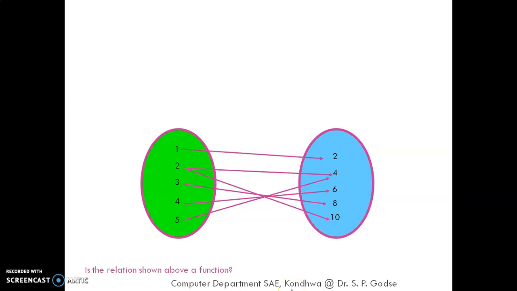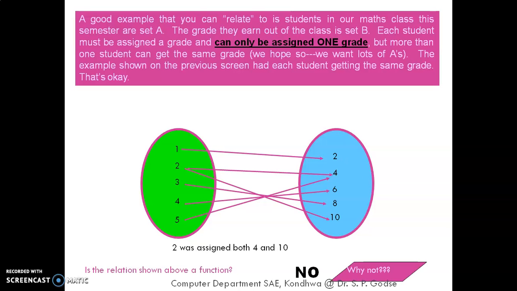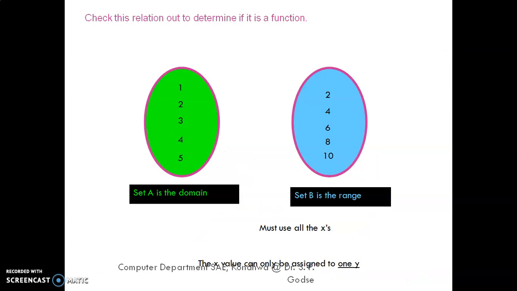Every x is assigned to only one value from the codomain. So it is not a function because 2 is assigned both 4 and 10. Our condition is that every x should be assigned to only one y from the codomain. So it is not a function.